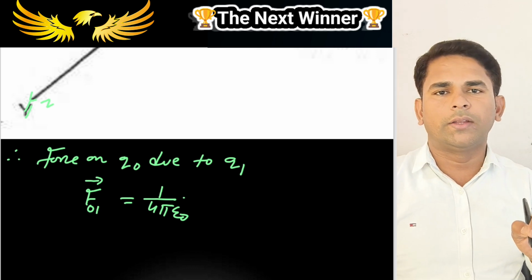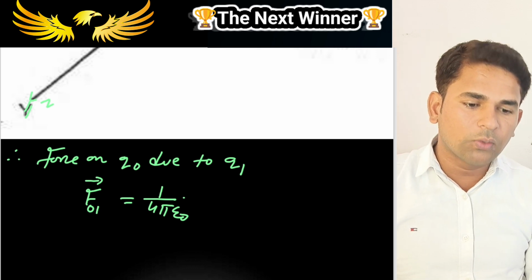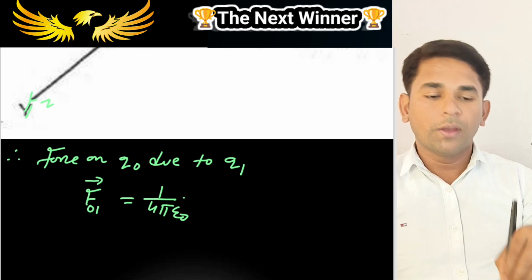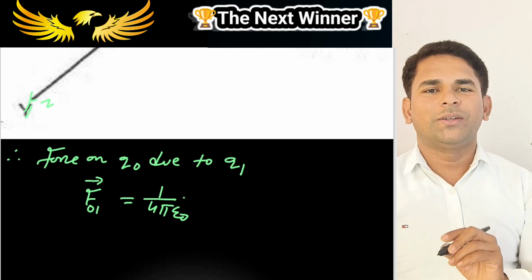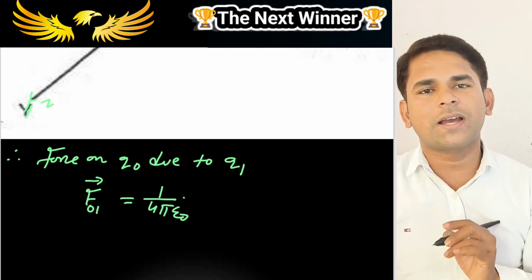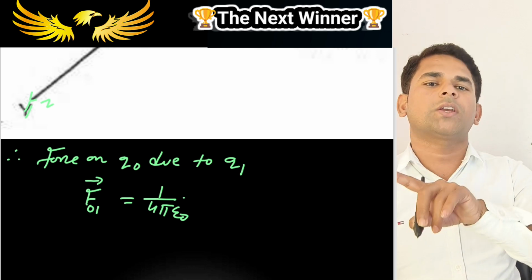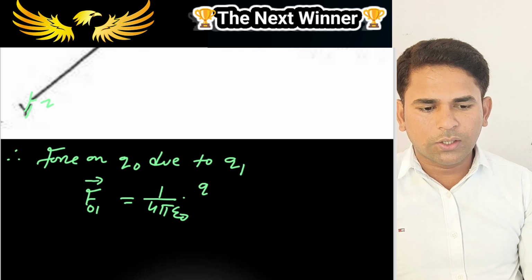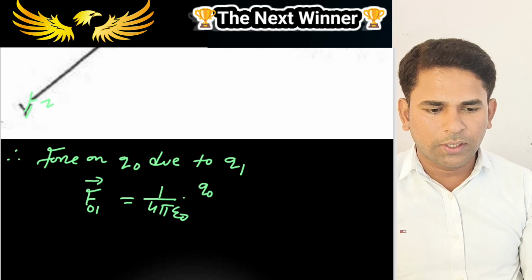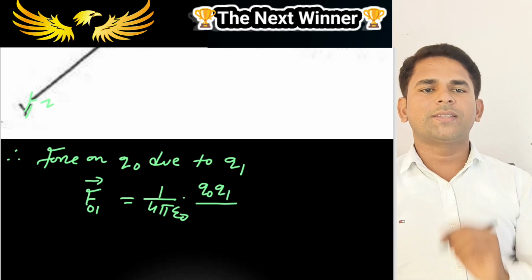But here you take the first charge as q0 and the second charge as q1, according to this diagram. So one charge you consider as the first charge and the other as the second charge, divided by the distance.